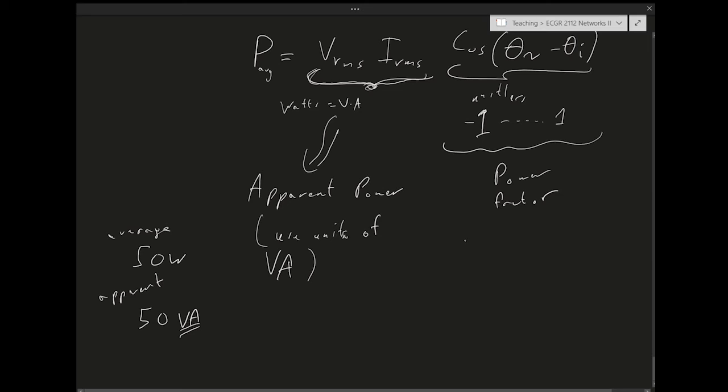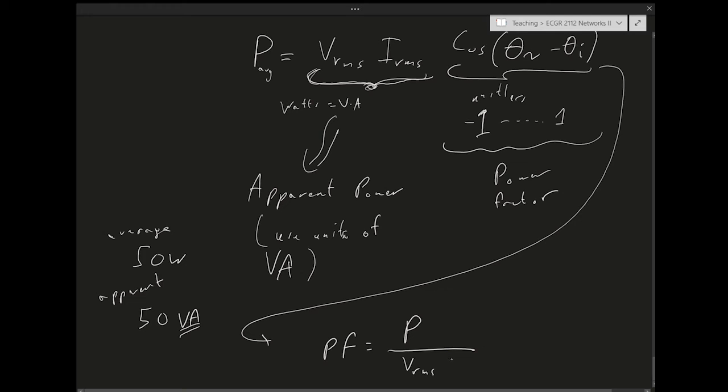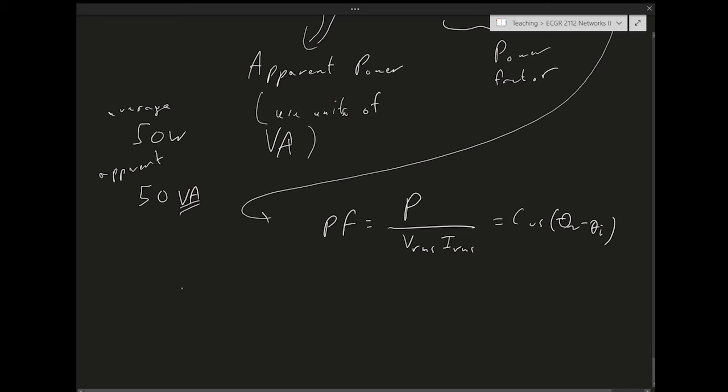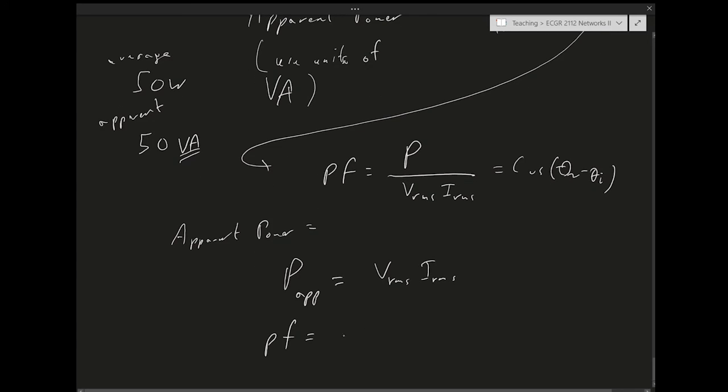From this formula, it's clear that the power factor is just P average over V RMS I RMS, which is equal to cosine of theta V minus theta I. So those are the two concepts that we're introducing: the apparent power, let me call it P apparent, which is just V RMS I RMS, and then the power factor, which is P average over V RMS I RMS, or cosine of theta V minus theta I.